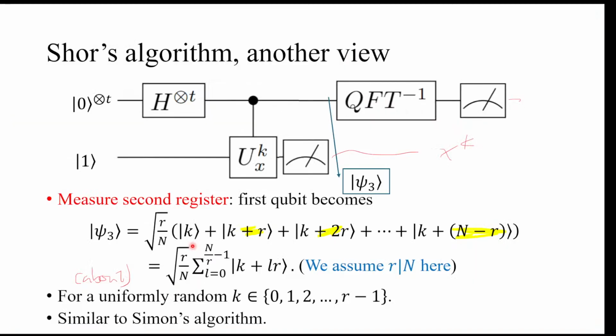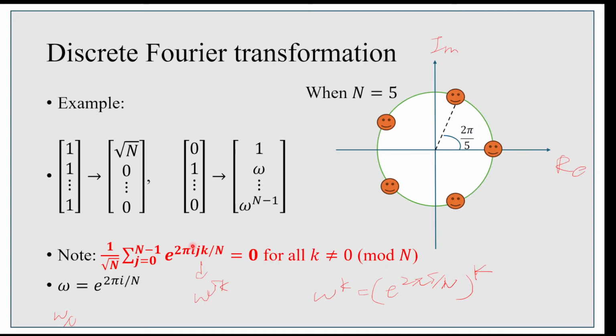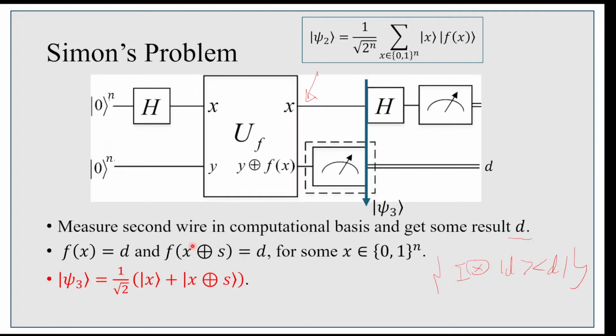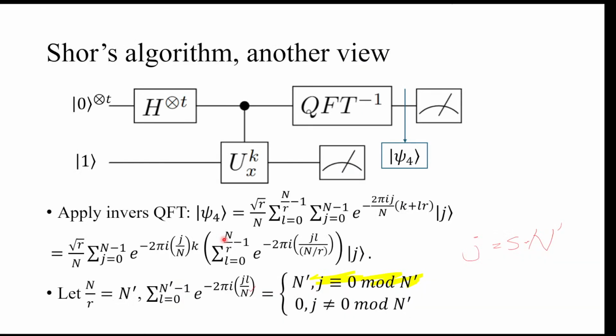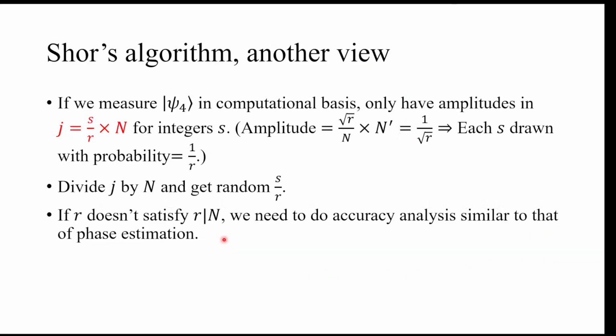And then from here, that's why Peter Shor wanted to do a Fourier transform, because you get a periodic function here. From the classical Fourier transform, you know that if you do the Fourier transform of a periodic function, you can find its period. So that's the idea.